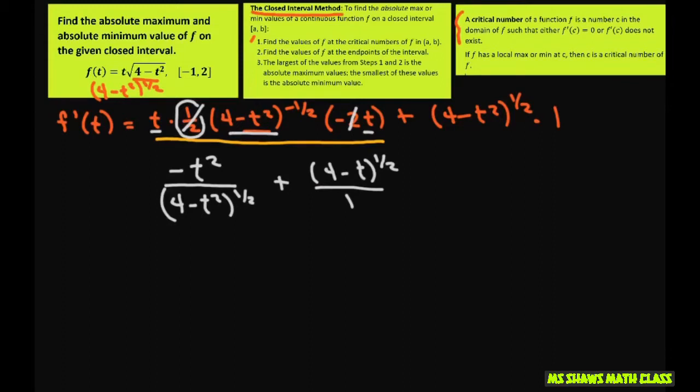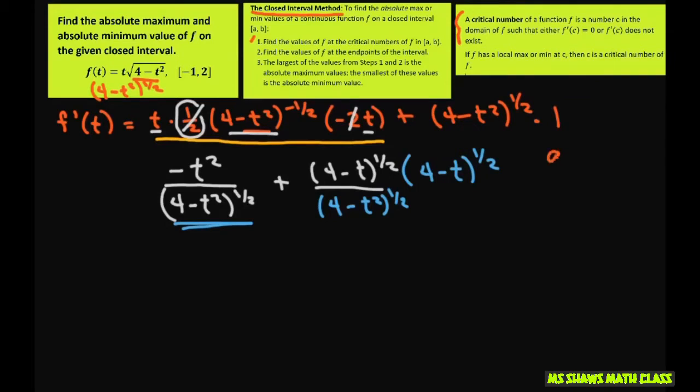Now what I want to do is get the common denominator. I want my common denominator to be this part. So I'm going to put this under here and multiply both the numerator and denominator by 4 minus t squared to the 1/2. If I put it here, I also have to put it here. All right, so we have our common denominator.